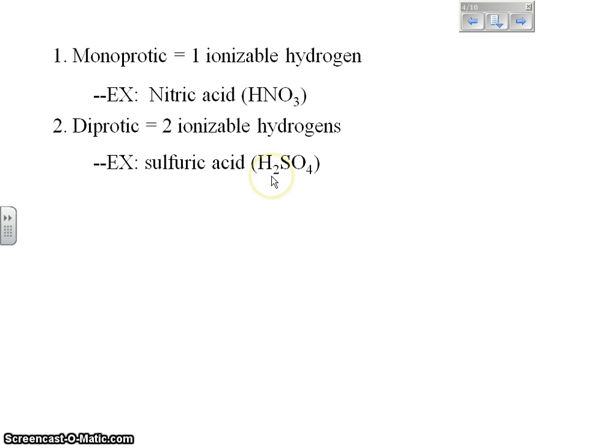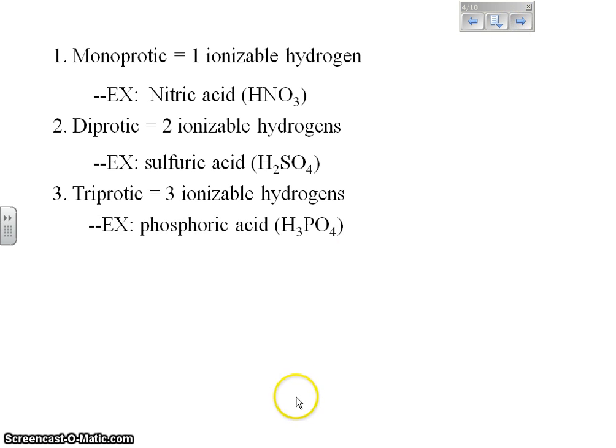But if it is an acid and it has two hydrogens, it's diprotic. And you can probably guess what it is if we have three ionizable hydrogens. Yes, triprotic. Okay, three hydrogen ions. Phosphoric acid, H3PO4, is one of those.